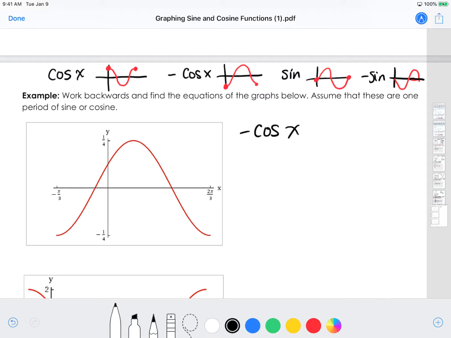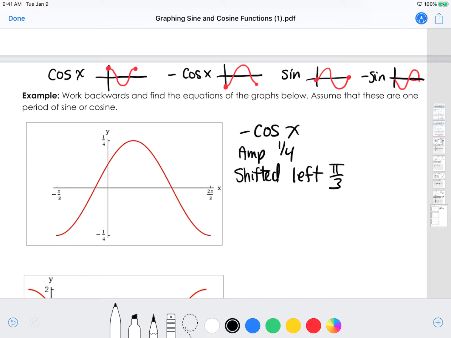Notice the midline, which would be the center coming up through, is the x-axis, so it hasn't been vertically shifted. The amplitude is going to be 1/4. So from the center out in either direction to get your min and your max, you're going to go 1/4. Notice that it also has been shifted to the left pi over 3.